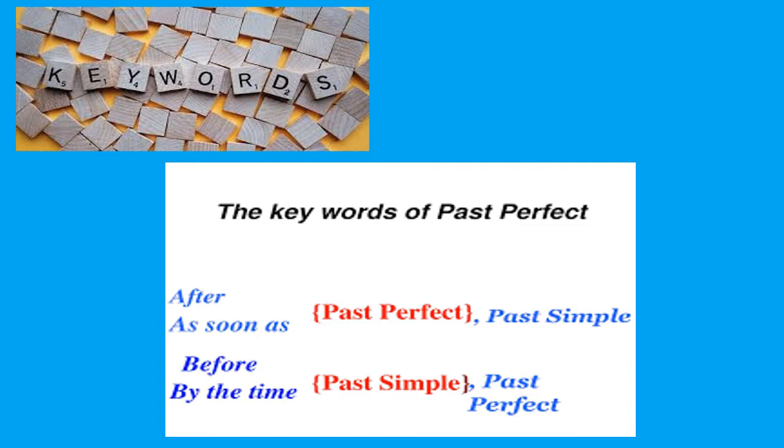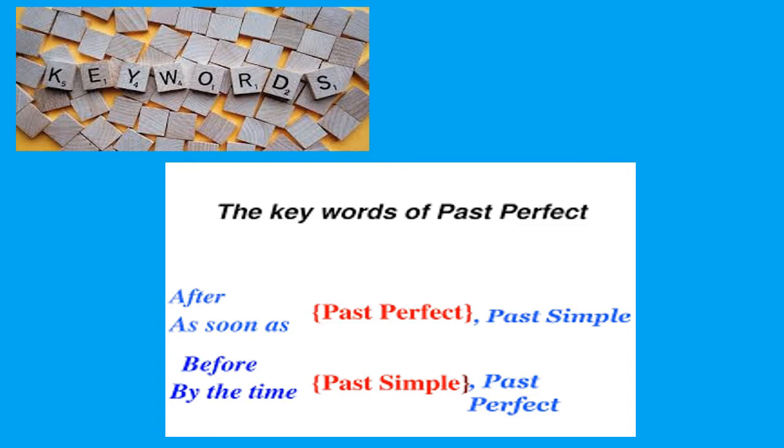Another 2 key words of the past perfect are before, by the time, and also the word when. After them, we use the sentence in the past simple, one verb plus ed, or a regular one, comma, and a sentence in the past perfect, had plus past participle.